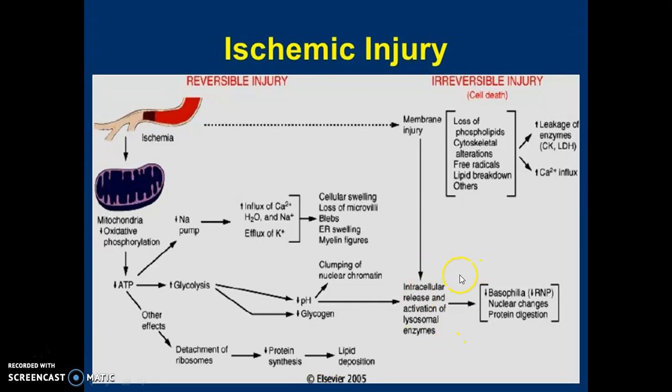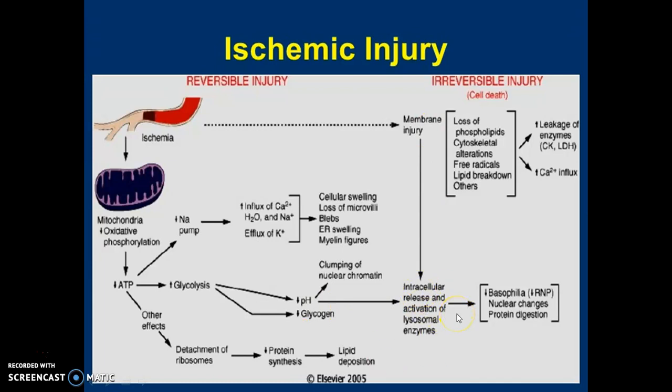What will happen because of membrane injury? There is intracellular release and activation of lysosomal enzymes. These changes occur because of membrane injury and also because of decreased pH in the cell.